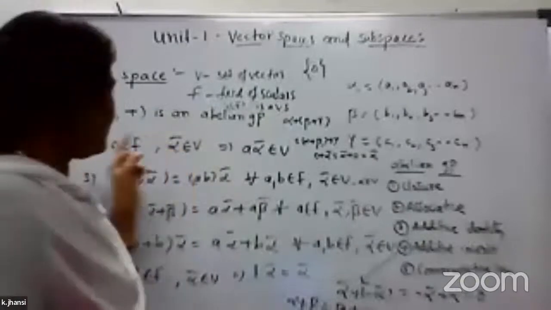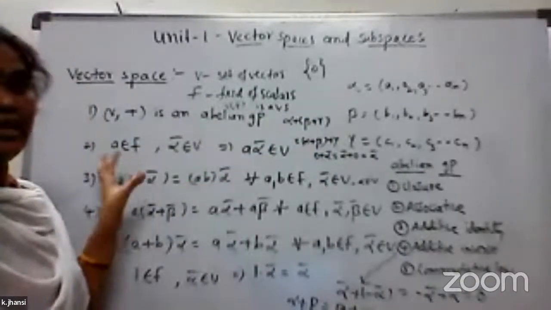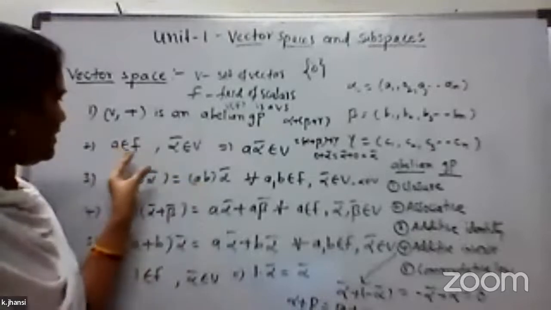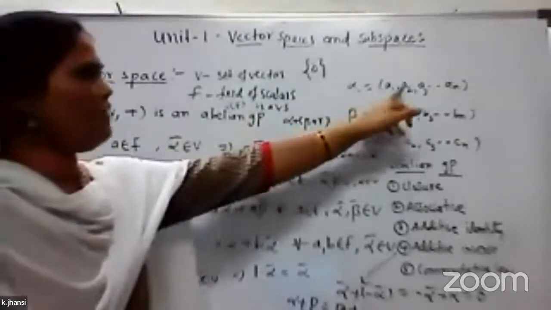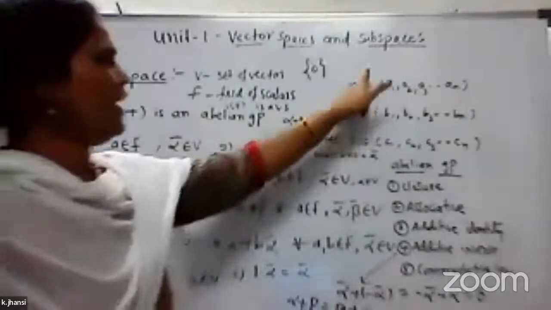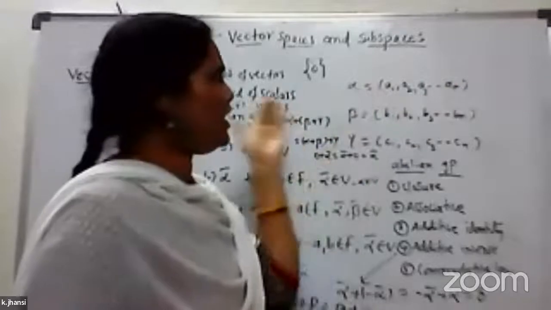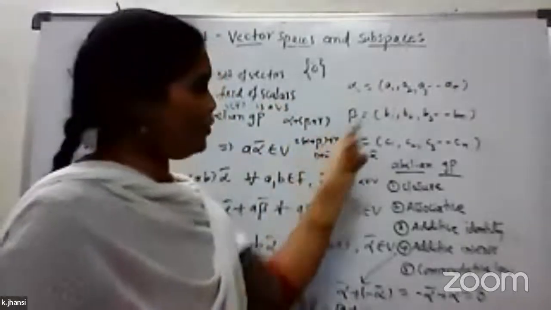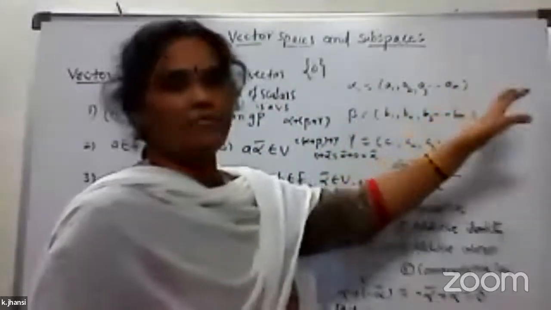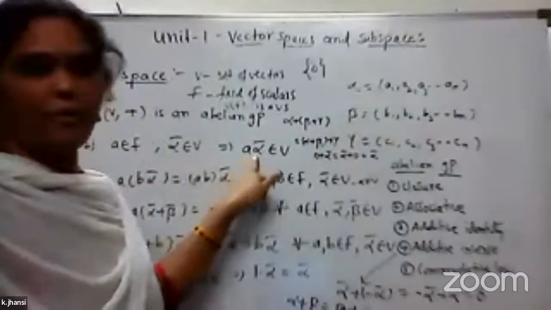So it is an abelian group. The second one: you can take A belonging to the field of scalars, and you multiply it with alpha, which has A1, A2, A3, up to AN. Multiplying A into alpha means A into A1, A2, A3, up to AN. When you multiply, you will get a vector which belongs to V. Therefore, it satisfies this property also.